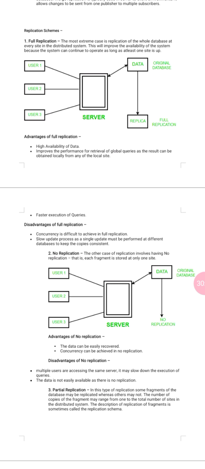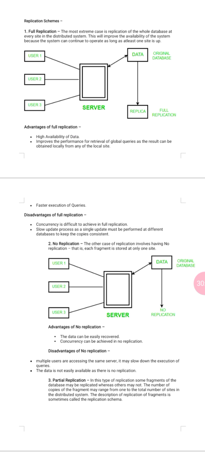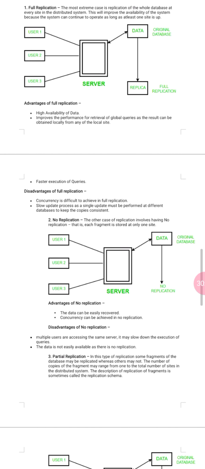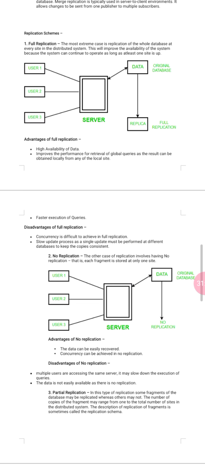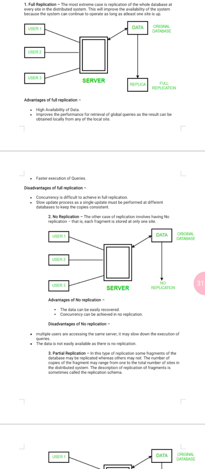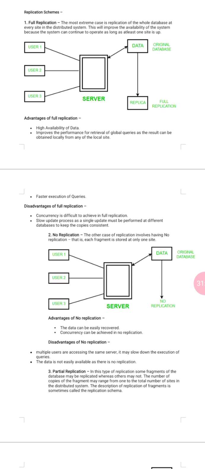The most extreme case is replication of the whole database at every site in the distributed system. This will improve the availability of the system because the system can continue to operate as long as at least one site is up. Different users can use a single server or system, right? Observe the diagram here.